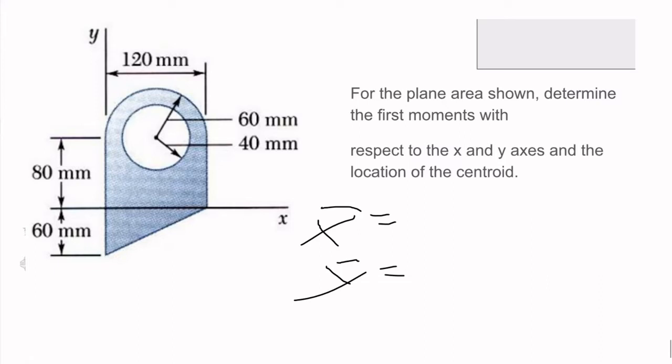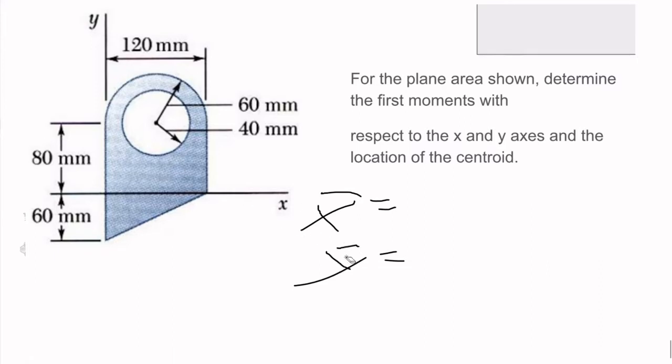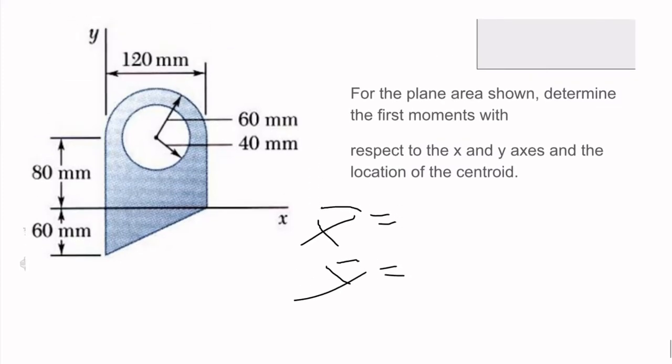Anyhow, so we will go ahead and do this. The way we go about this is by breaking up the piece here into different sections and adding and subtracting those sections. So I'm going to define the first section as this rectangle here.